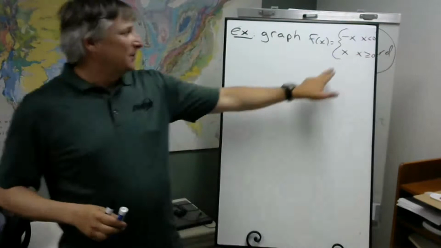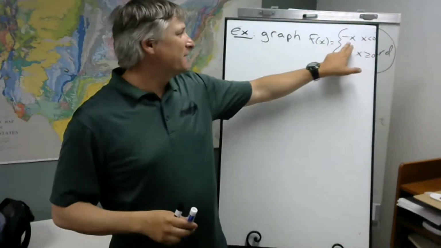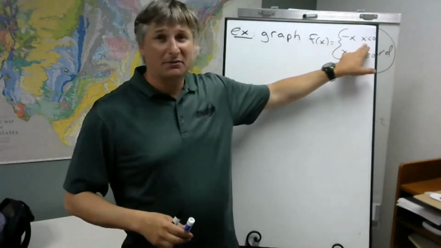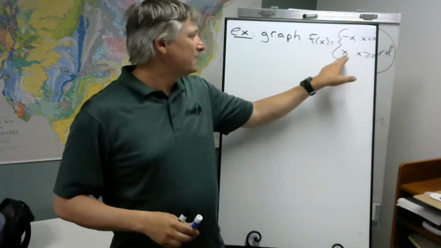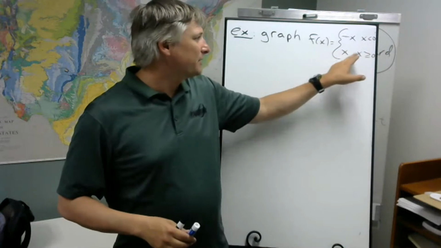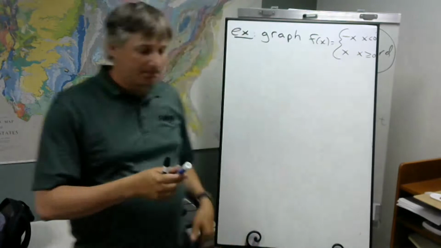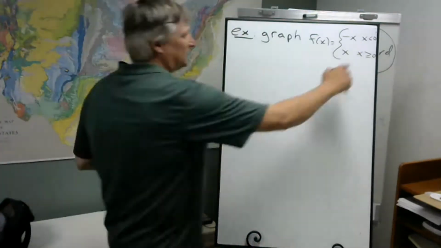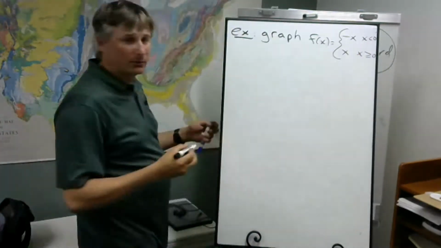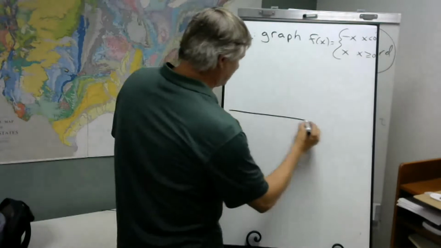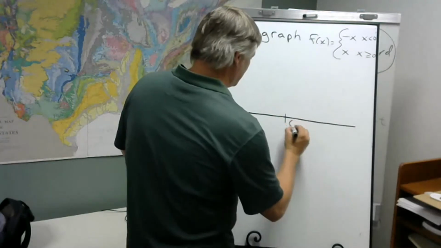So let's say we have this. F of x is negative x when x is less than 0. And then it's regular x when x is greater than or equal to 0. How do we do this? Well, let's take a look at our number line. Let's start off particularly with an interest in 0.